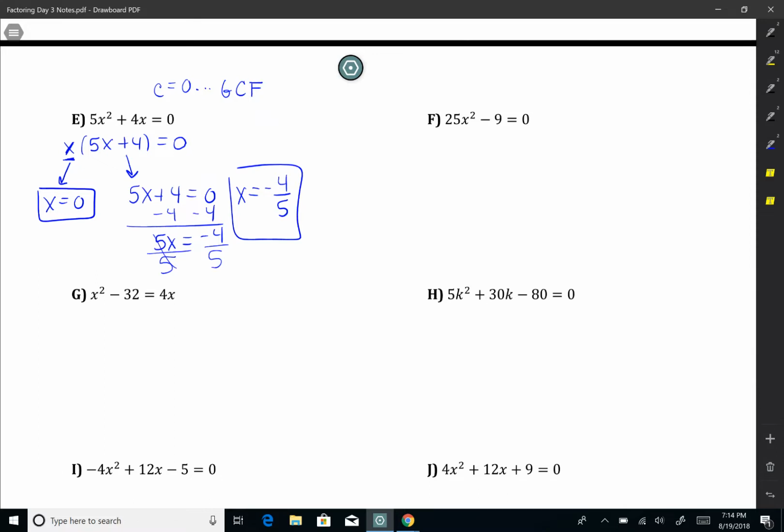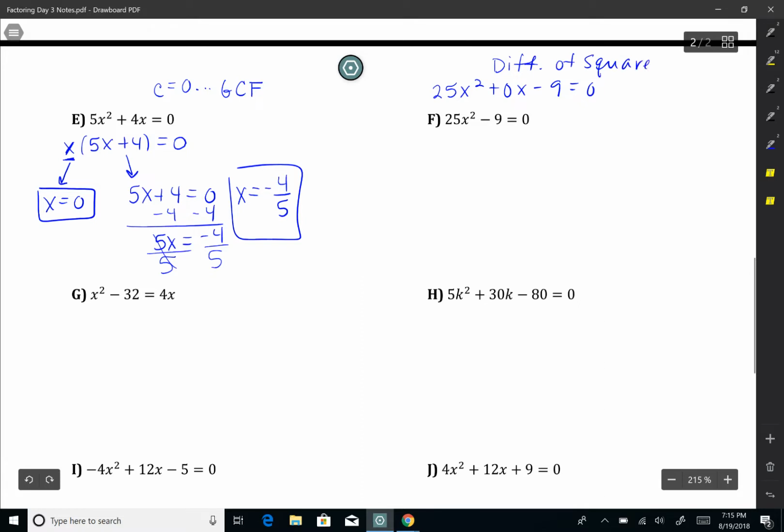Letter F is also a binomial like letter E, but it's actually different. If you notice, this is 25x squared minus 9, which would be one of our special cases because it'd be like we had a 0x in the middle there. And remember, that's from a difference of squares binomial that factors into two separate factors that are opposites of one another.